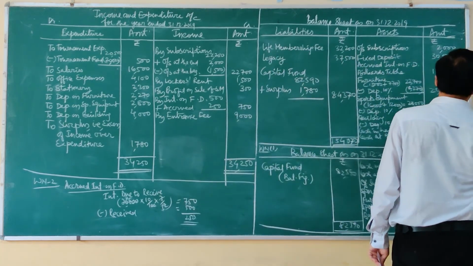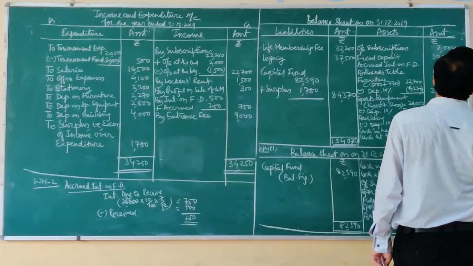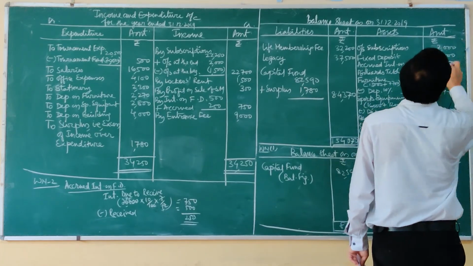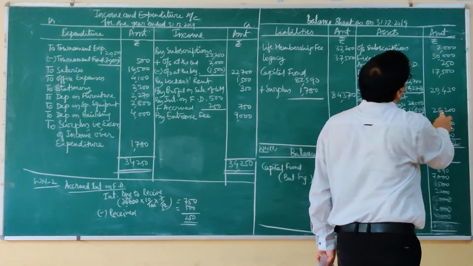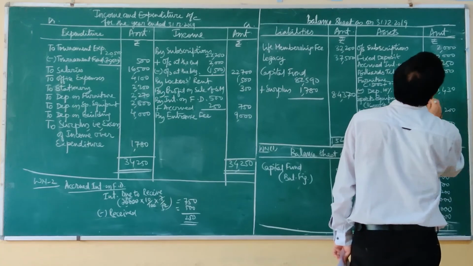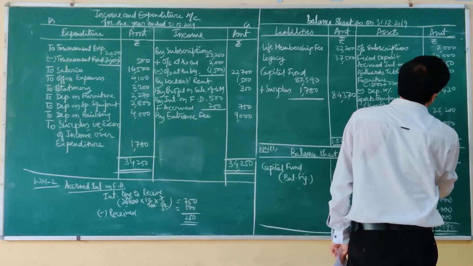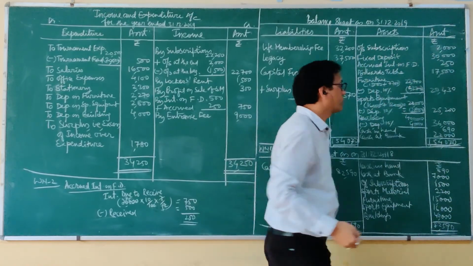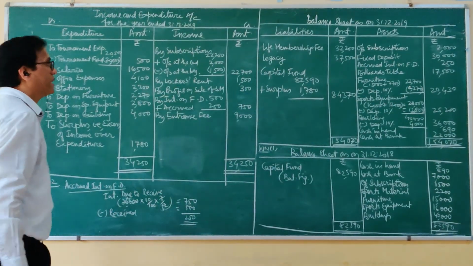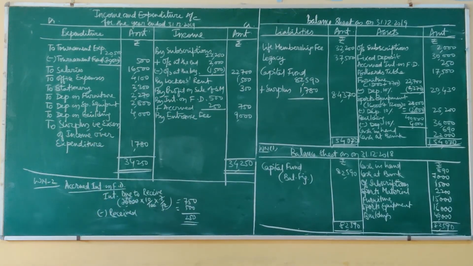Here this side also, 154,070. So both the sides of the balance sheet are showing the same total. This way we have solved it. Have a glance of it.